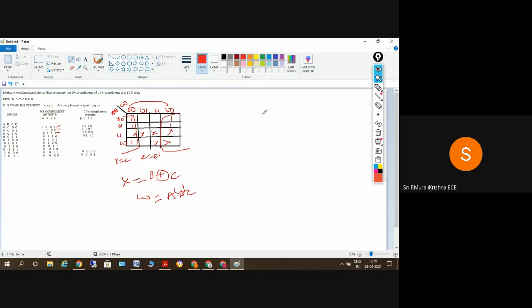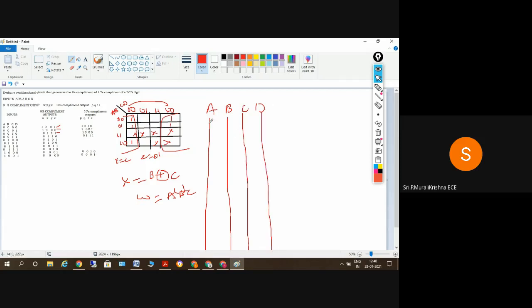So the equations will be like this: A B C D. Take the complements if possible. B, C, and this is D bar.